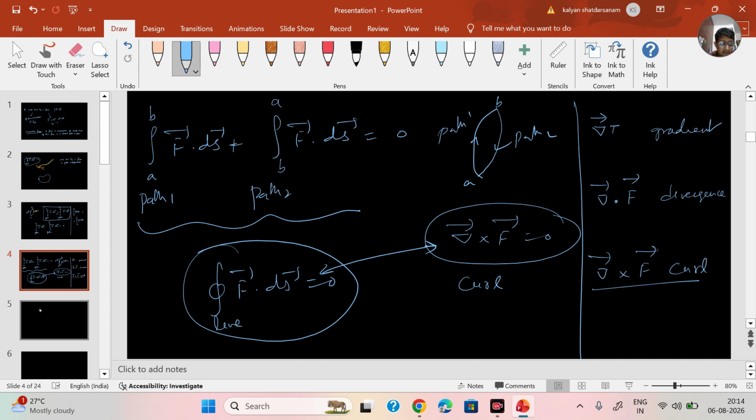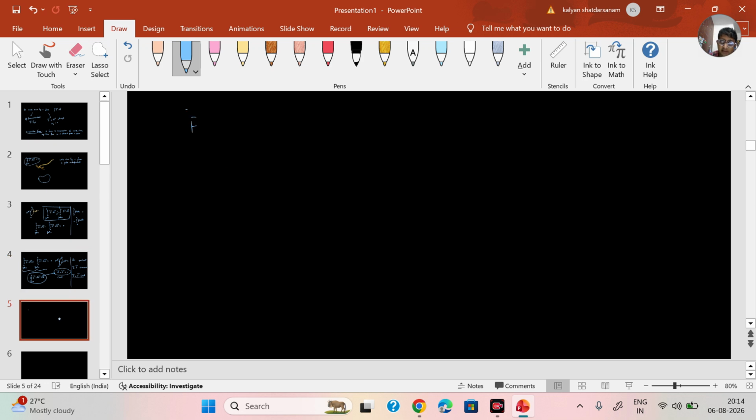So we saw an example last time that if the force is yz i plus zx j plus xy k, and the problem setter wants you to check whether this is a conservative force or not. In this case, the best thing to do is del cross it. Let's check it.